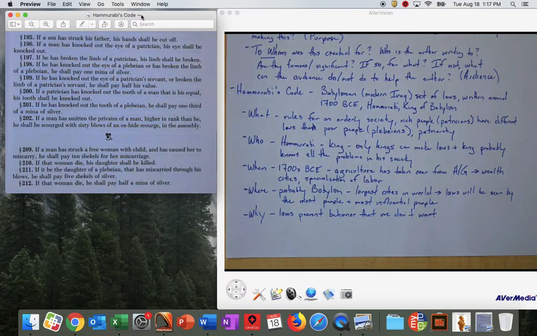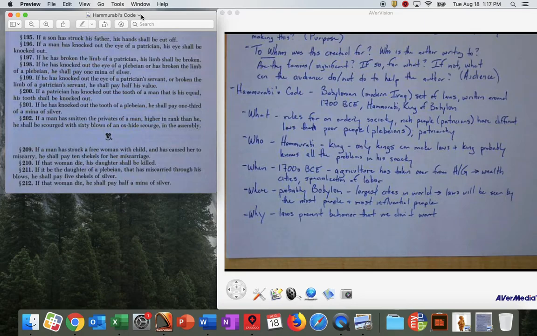And a lot of what we see when we read Hammurabi's code here is about violence. We've got sons striking fathers, knocking people's eyes out, breaking people's limbs, knocking people's teeth out. We've got men hitting women and causing miscarriages. I mean, this is all really violent stuff.